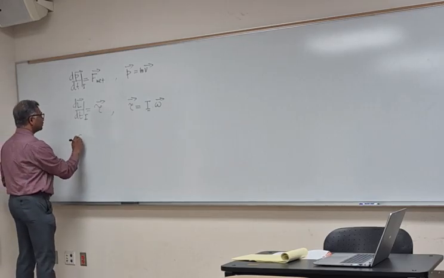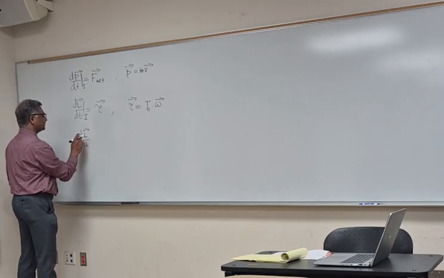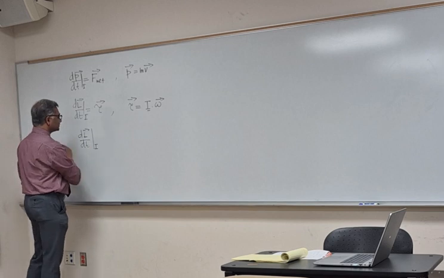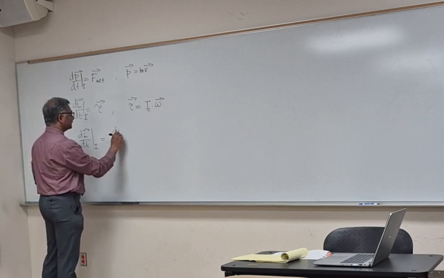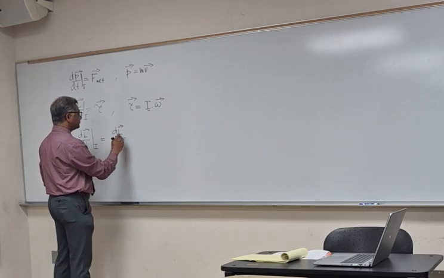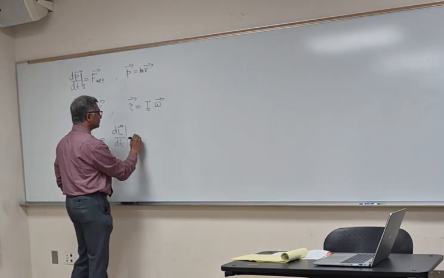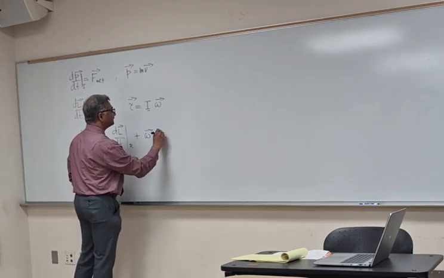And we proved in the last class that for any vector, whether it's L or A or B, it does not matter, the time derivative in the inertial reference frame is equal to the time derivative of the same vector with respect to the rotating body reference frame, plus omega cross that vector.